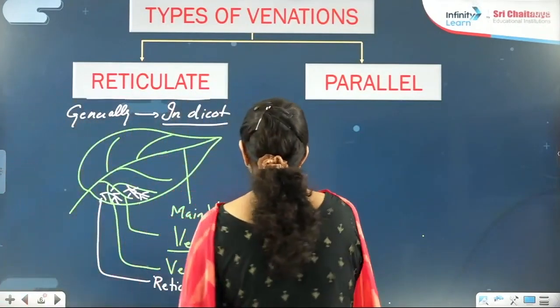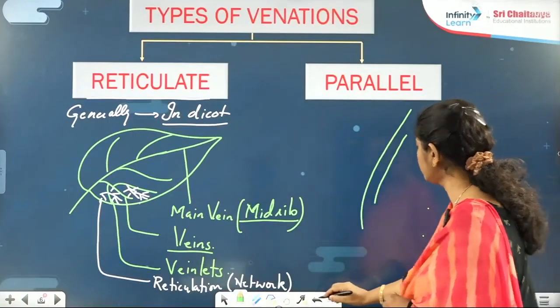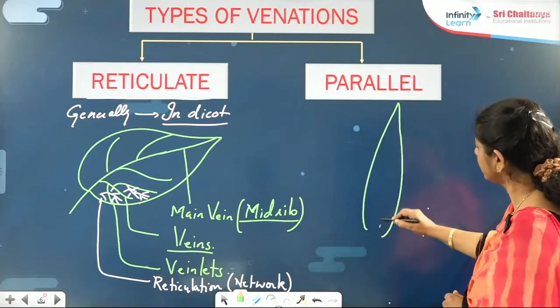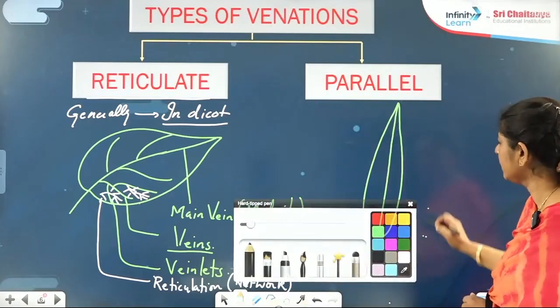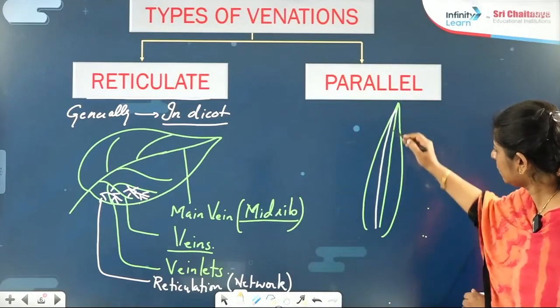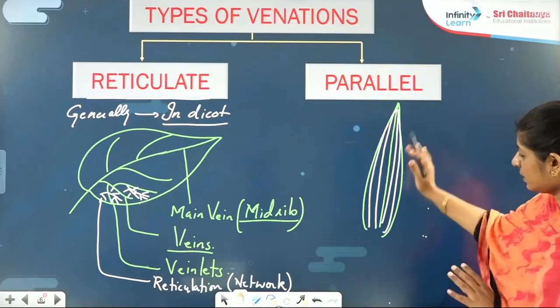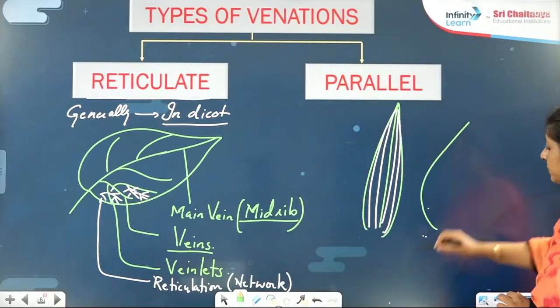What is parallel venation? In parallel venation, the leaf, no doubt, has the midrib as a main vein, and the other veins run parallel to it.